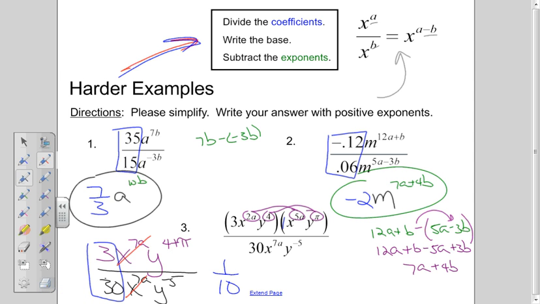Okay? Then the next part, I will write the base of y, and then I will subtract my exponents, which will be 4 plus pi minus negative 5, which will turn the minus negative into an add, combine like terms, and get 9 plus pi, making my answer 1/10 y to the 9 plus pi.